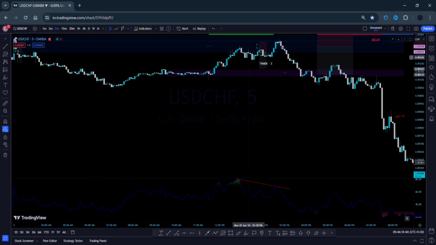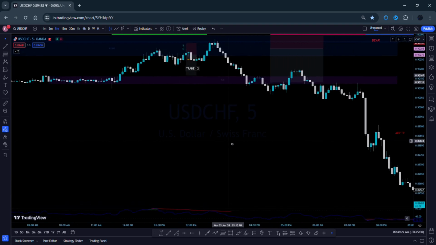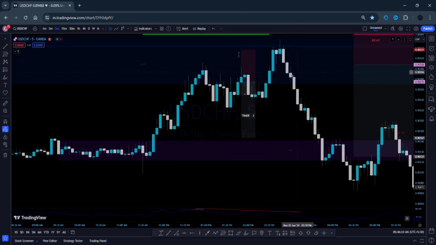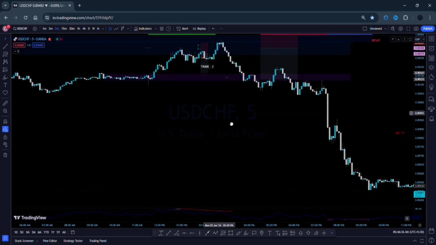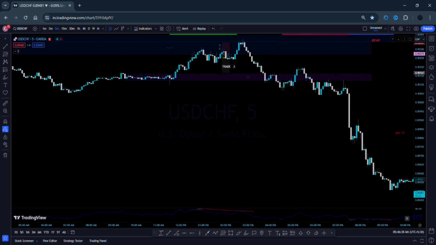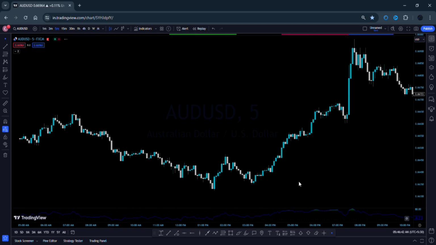Good divergence I would have taken here, but I'm backtesting this divergence setup. Alright, this was a huge bar, consolidation, breakdown. This was looking good, but I'm backtesting this.